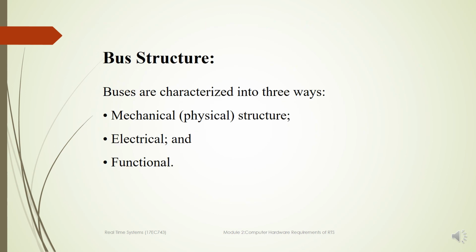Next we have bus structure. Buses are characterized in three ways: mechanical or physical structure, electrical characteristics, and functional characteristics. When we say mechanical or physical structure, it is a bus with a collection of conductors which carry electrical signals.